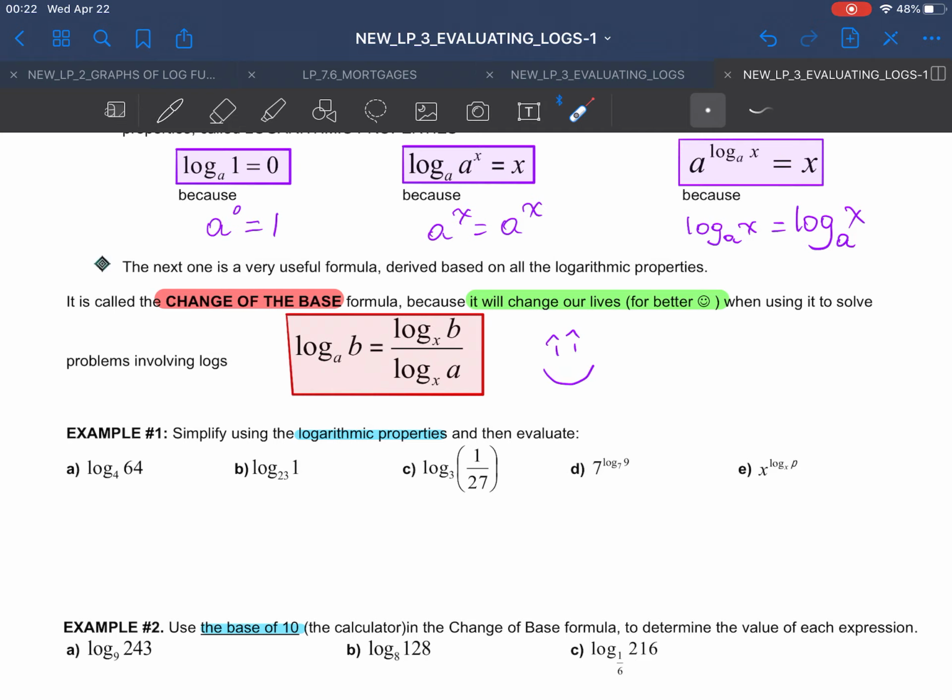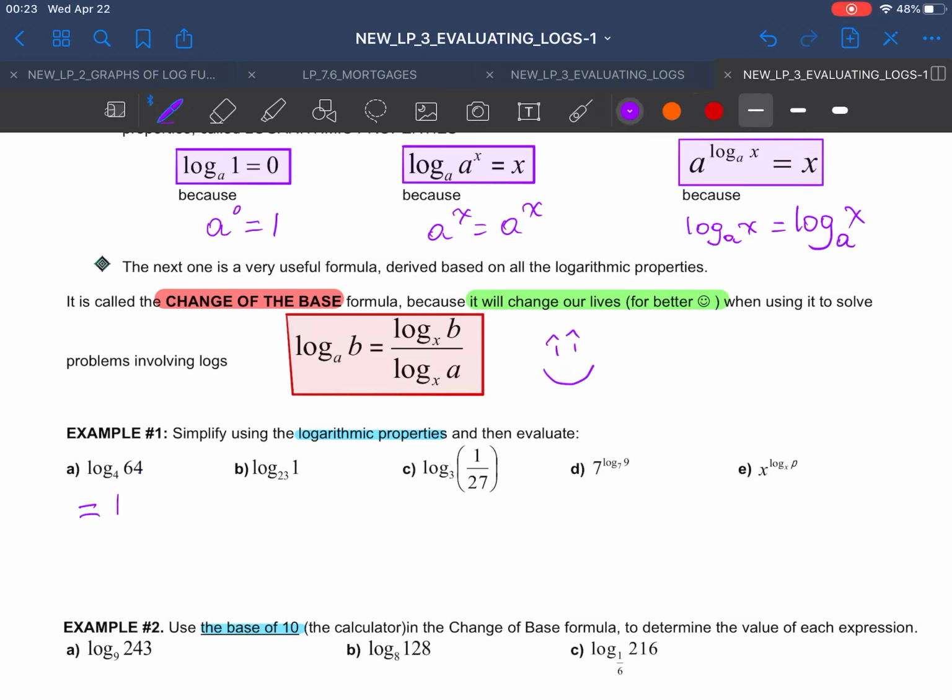Example 1. Log with base 4 of 64. What does it equal? Now we're going to try to check and see what we can match this expression with. So we have a base of 4, we have a number in here, so I'm going to think that it looks more like the middle property here.